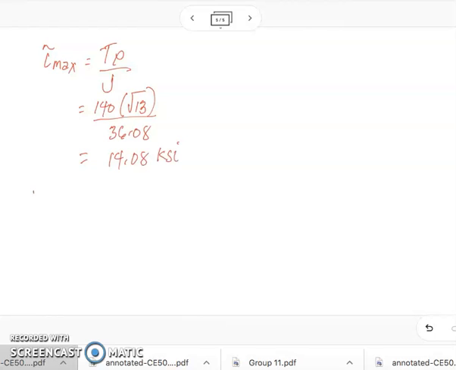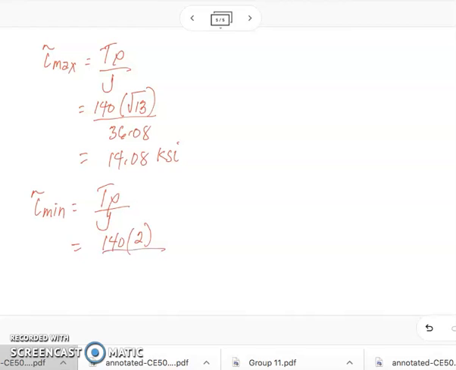Then for the minimum shearing stress, we have torque times rho all over J. This will be 140 multiplied by 2, since there are 2 bolts having a distance of 2 from the center of gravity to the center of the bolt. These 2 bolts will produce the minimum shearing stress.